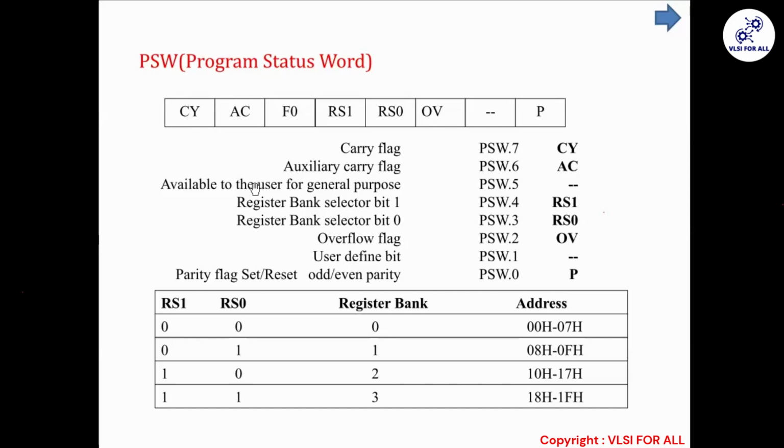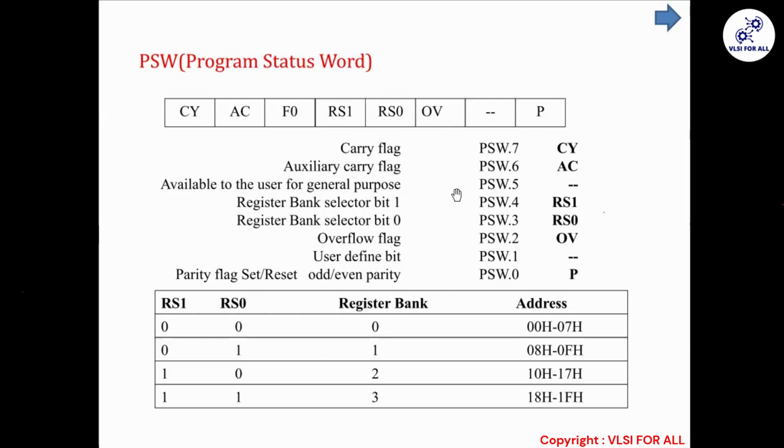That is auxiliary carry. Now, the F0, it is available to the user for general purpose. This bit has been kept for the user. Then RS1 and RS0, we can use them for bank selection, and that bank selection, I told you, has been given down here. This is OV. OV means overflow.